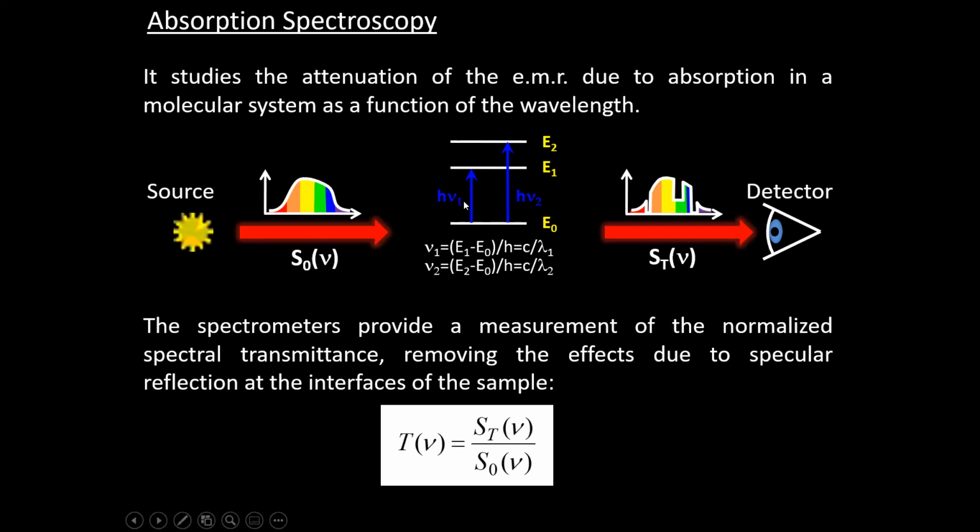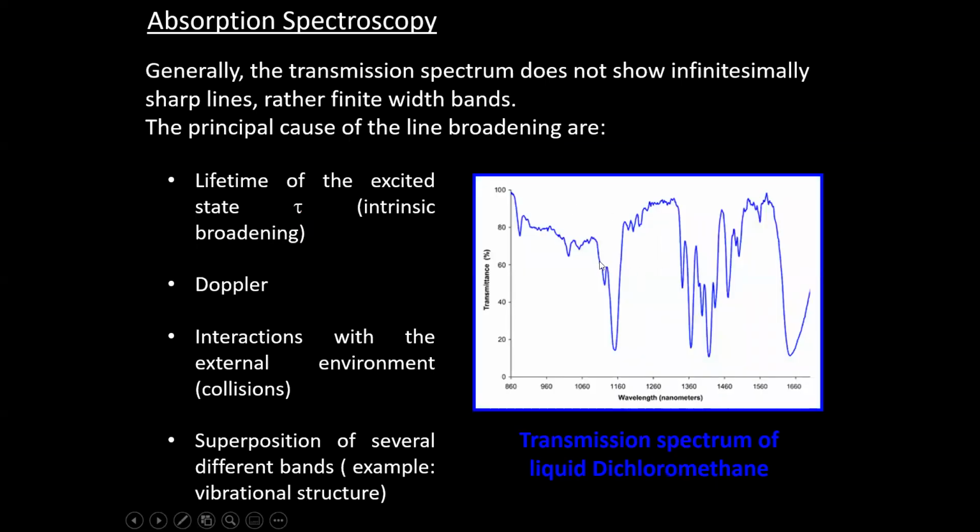So you would expect only the frequency nu1 to be missing, but you see here that these lines are rather broad, they are broadened. There is absorption not only at this frequency, but also around it. So this situation in reality is much different from the theory.